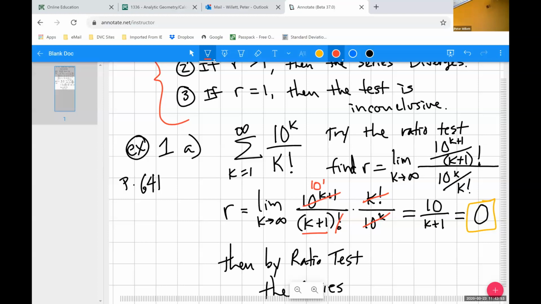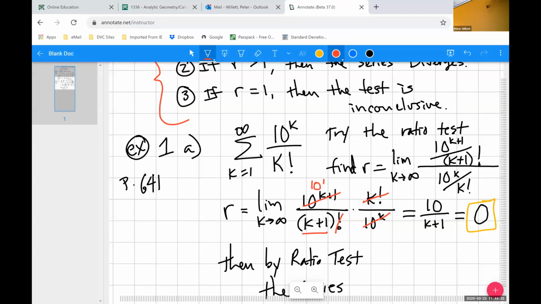But not only does the bottom go to infinity faster than the top, the ratio of successive terms ends up being 0, meaning we're not even saying that the top is only 80% of what came before, or only half of what came before.